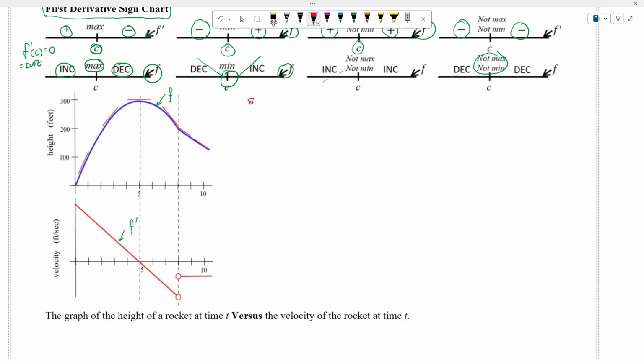Step one, I would like to find all the critical numbers.